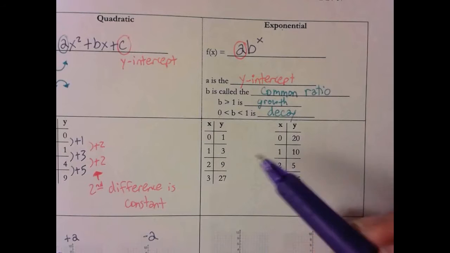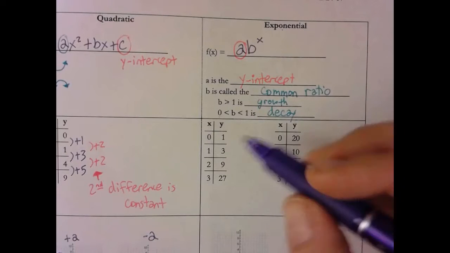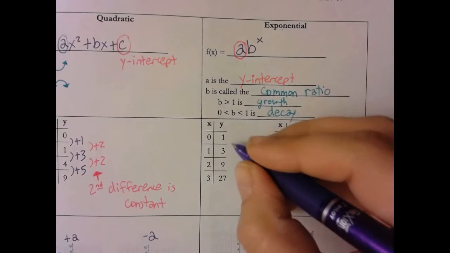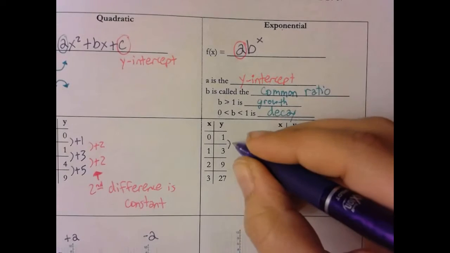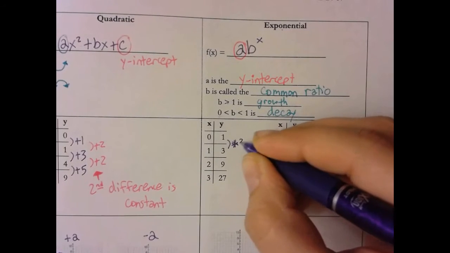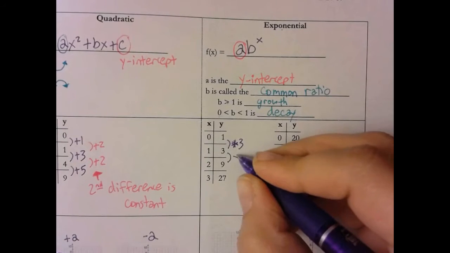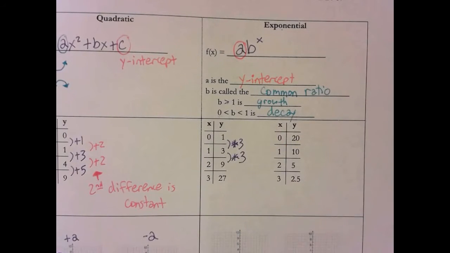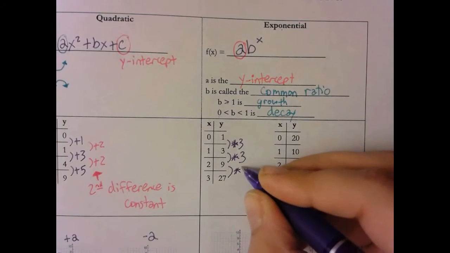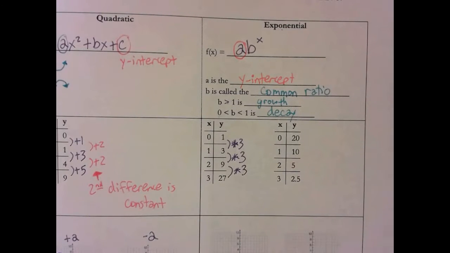So for a chart, you're going to look at what you multiply by. So to go from 1 to 3, we multiplied by 3. To go from 3 to 9, again, we multiplied by 3. To go from 9 to 27, we multiplied by 3.